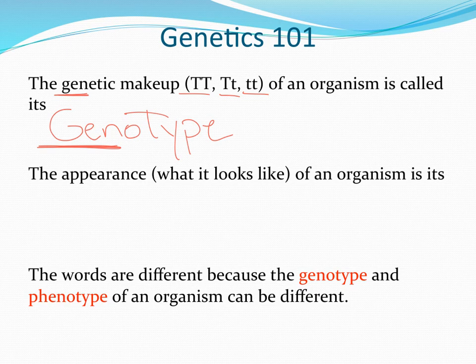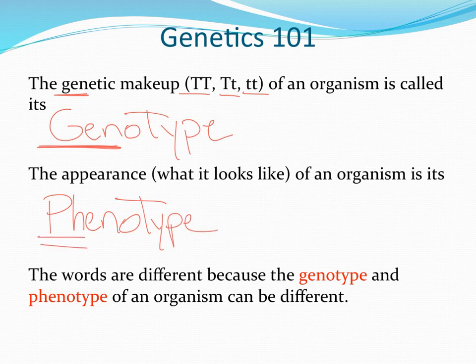The second term is what we call the appearance of an organism. And the appearance of the organism is referred to as its phenotype. And one of the ways I remember it is because phenotype is pH, and pH also are the two letters that are the start of the word physical.